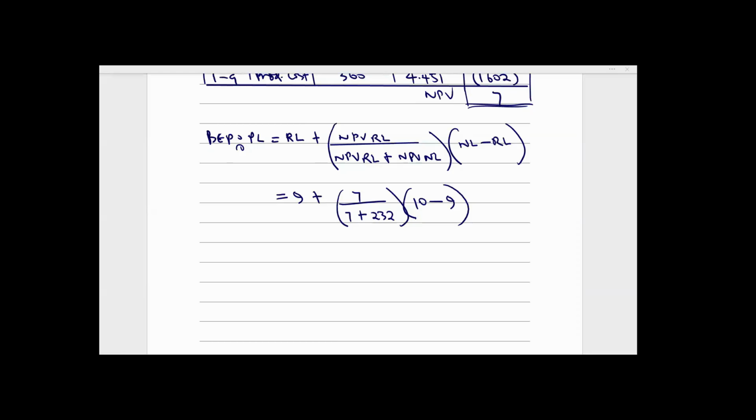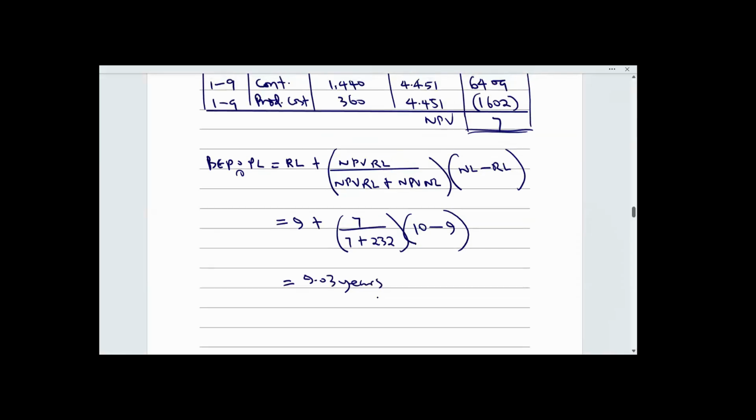Then multiply by difference between 10 and 9. That's 1 equal. Then plus 9 equal 9.03 years. Break-even point of project life is 9.03 years. Your answer must be expressed in years because we are calculating break-even point of project life.